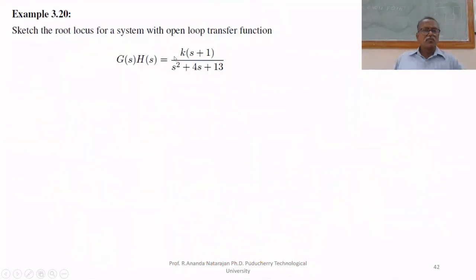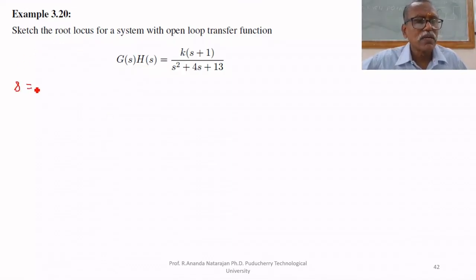Sketch the root locus for a system with the given open loop transfer function. I will give an idea, you solve it yourself. What are the poles?